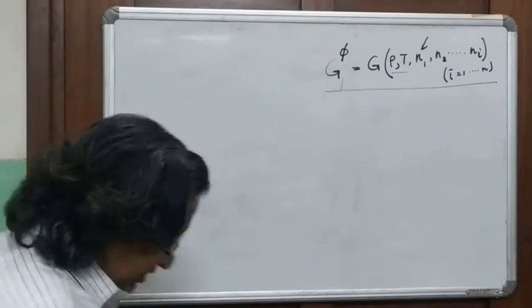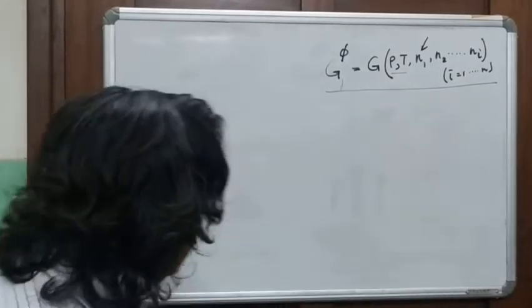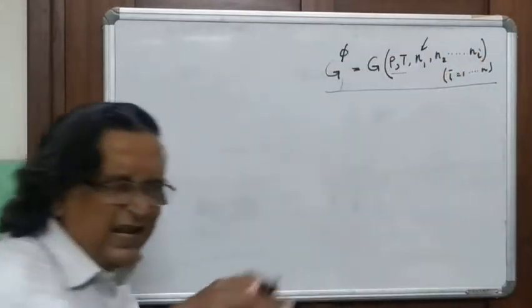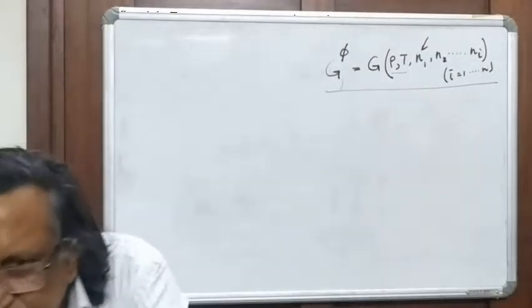Now, if I write the derivative, I am ignoring this phi, etc. It makes it a little complicated for you to see.